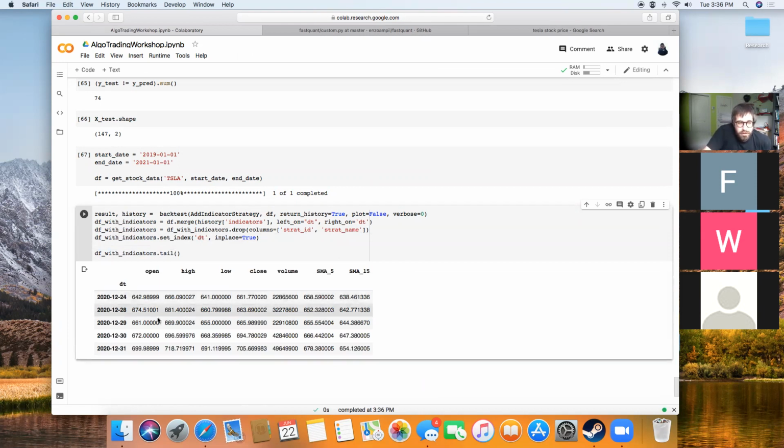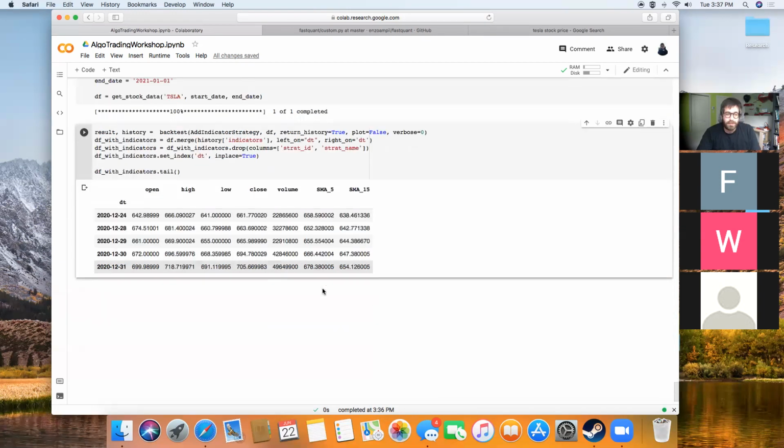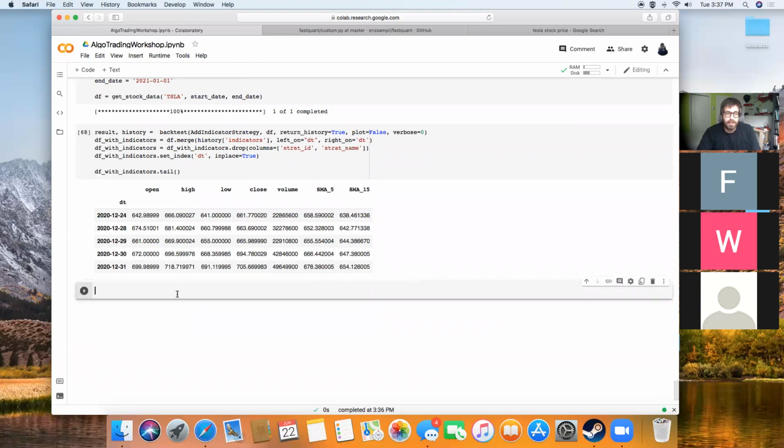Okay, so this is our data that we're going to be testing, or actually predicting, like for doing the actual testing of our classifier on. We have the two indicators now with the data, which means we can get these values and classify them, and then pass everything to the classifier, and then use that as a strategy.